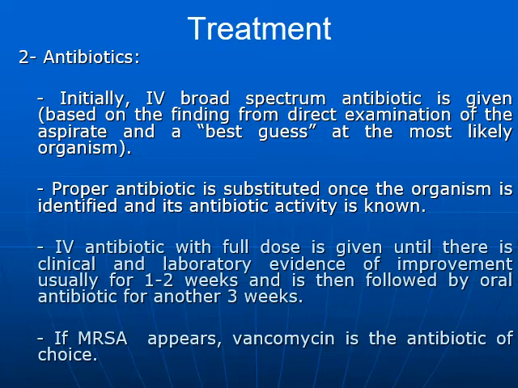If methicillin resistant Staph aureus appears, you should give vancomycin as the antibiotic of choice. For how long do we give antibiotics? We give them intravenously for about 1 week or up to 2 weeks, followed by oral antibiotic for another 6 weeks.